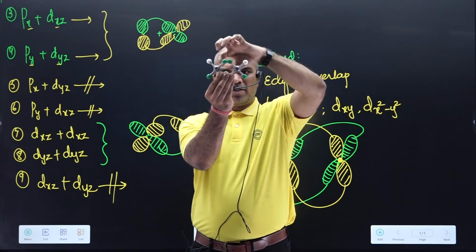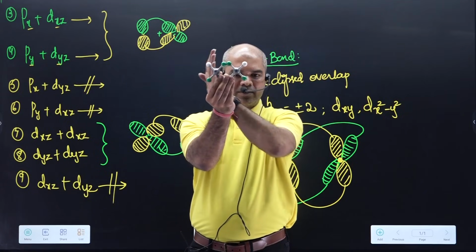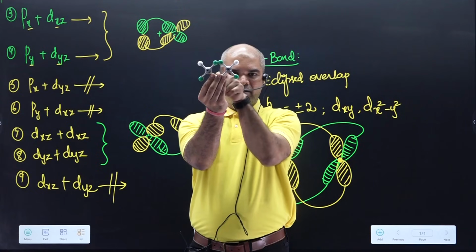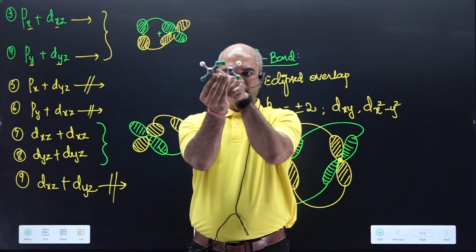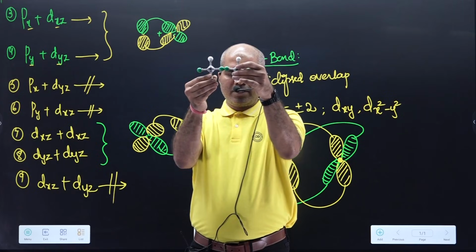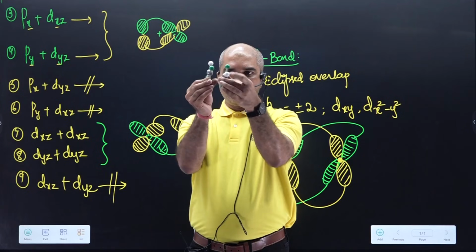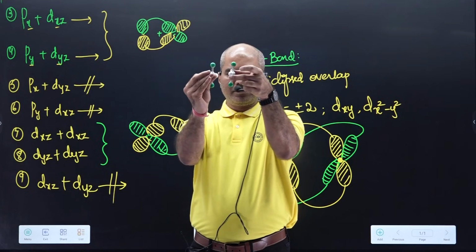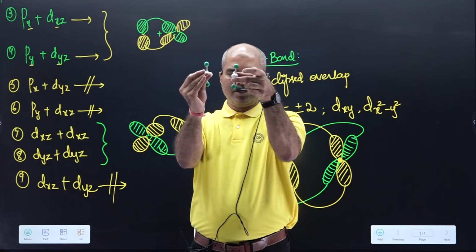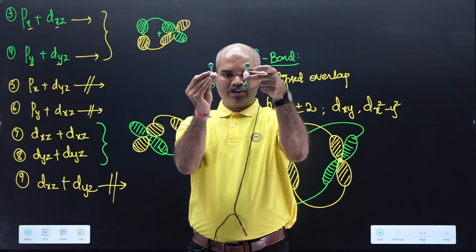If this is plus, this will be minus. Forget about these lobes. Consider only the internuclear axis. And for sigma, internuclear axis, no node. So 0, 1 and this is 2. Okay, these are the sigma, pi and delta combinations.